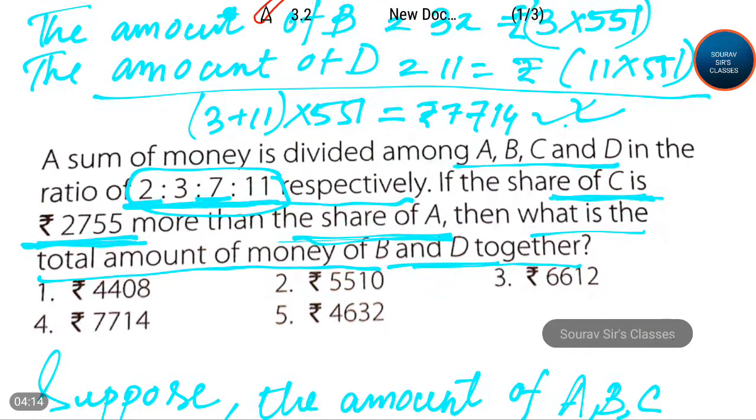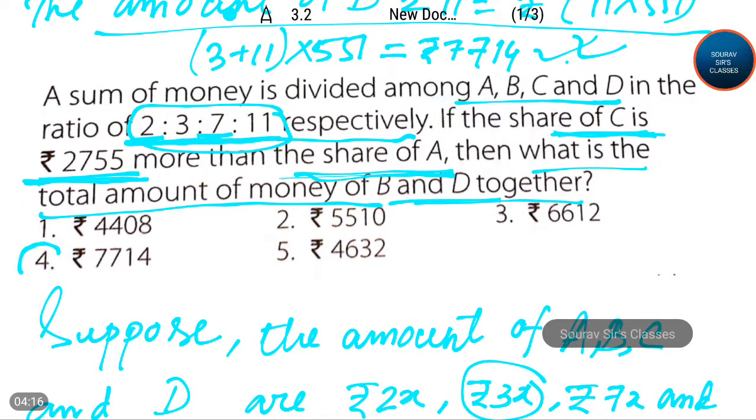So here option 4, that is 7714, is the correct answer. So the total amount of money of B and D together is 7714.